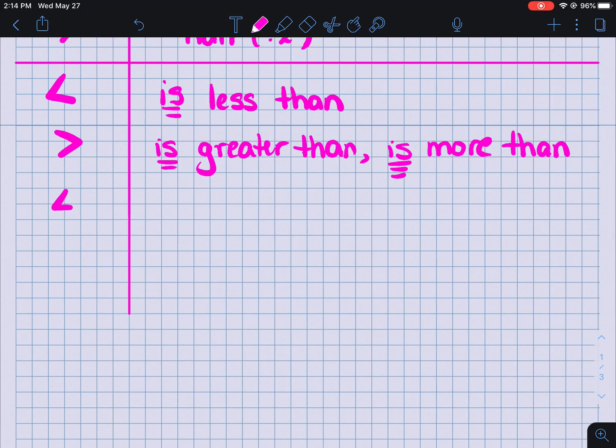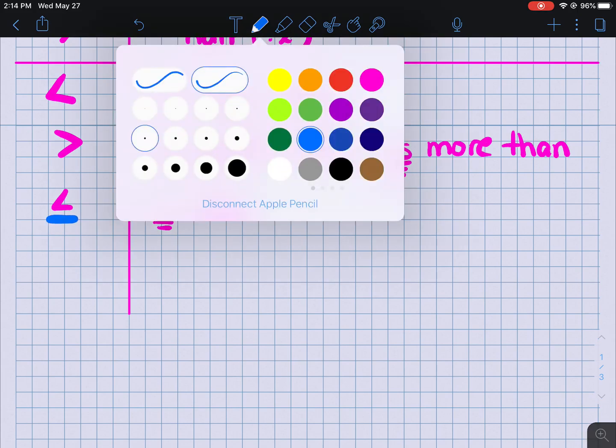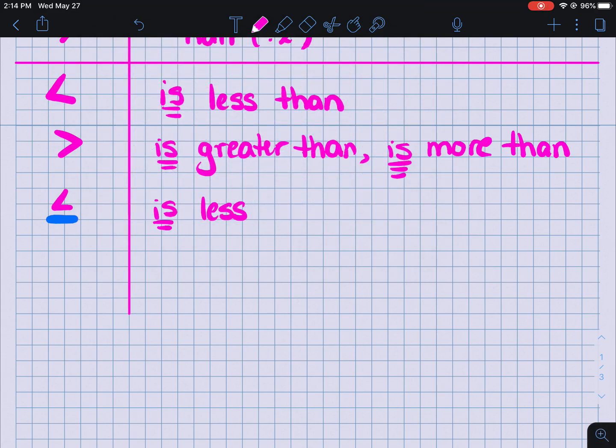And then of course we have is less than or equal to. I always think of this line under here as like a half an equal sign to tell you it's also equal to, okay? I don't know why I think of it that way, I just do. Is less than or equal.